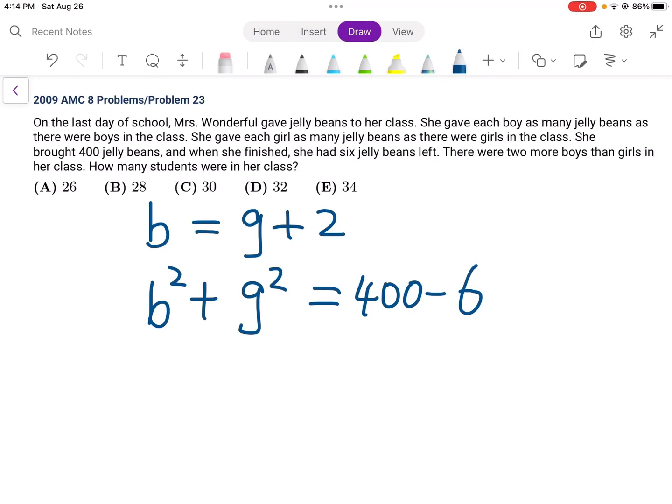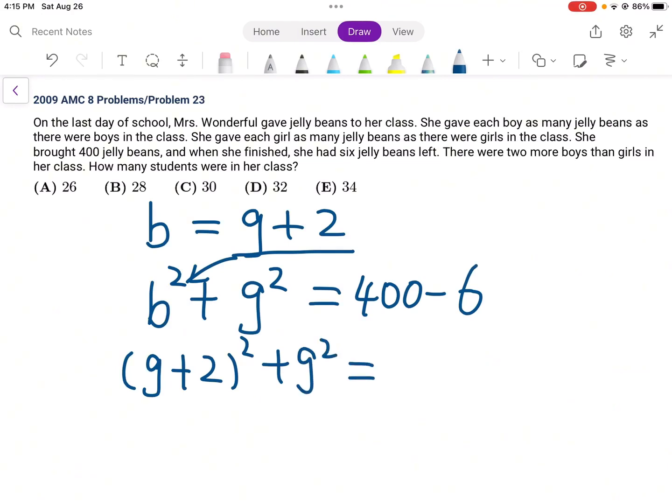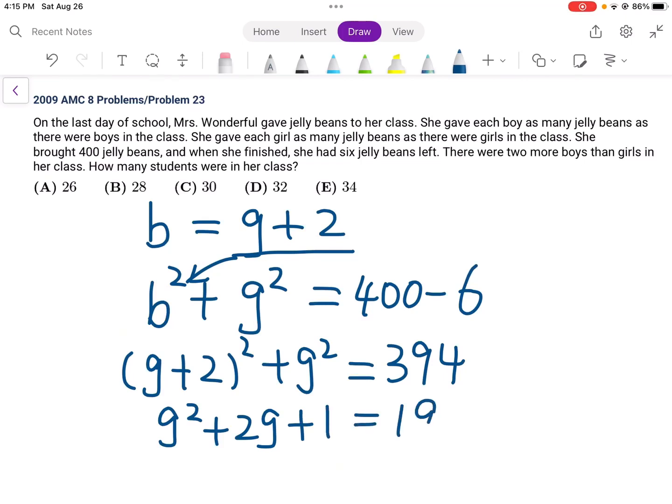Therefore, we substitute the first equation into the second one. We get G plus 2 squared plus G squared equals 394. We simplify this and get G squared plus 2G plus 1 equals 196.